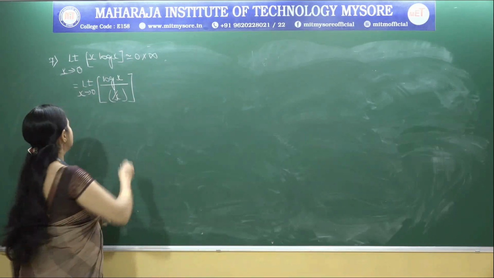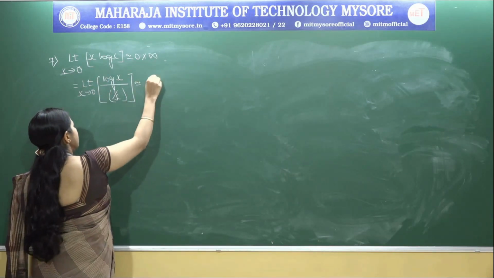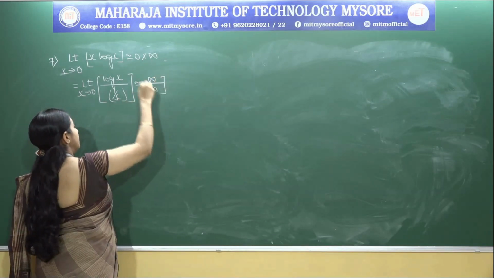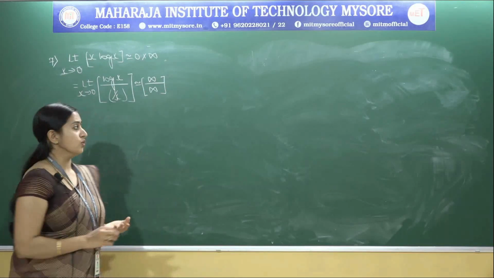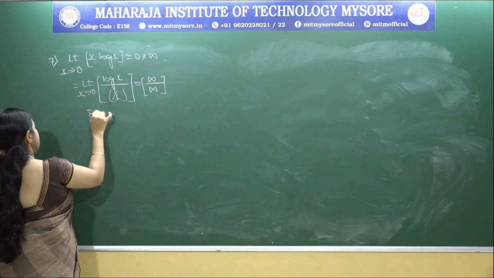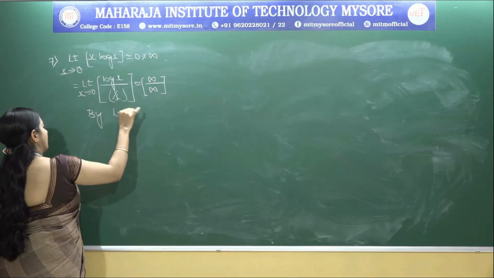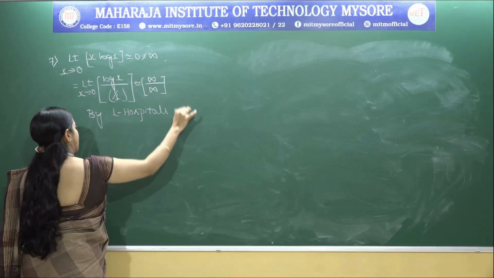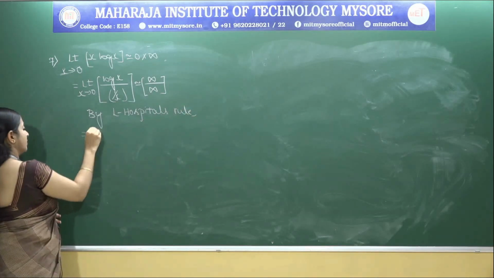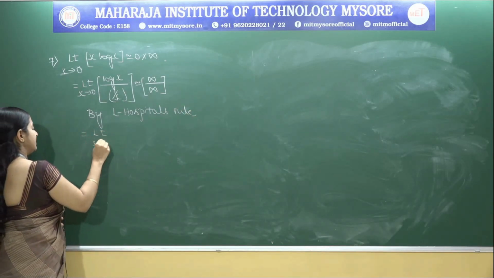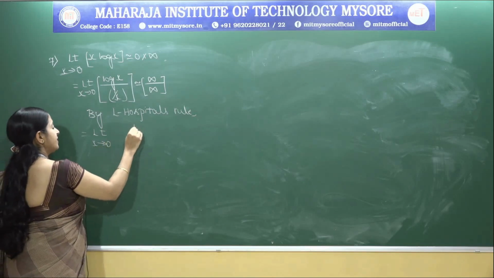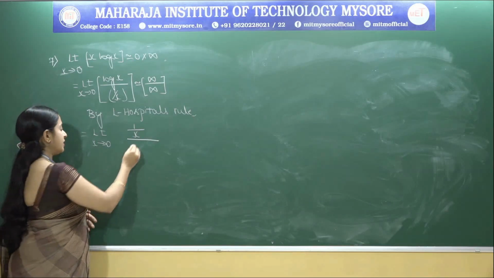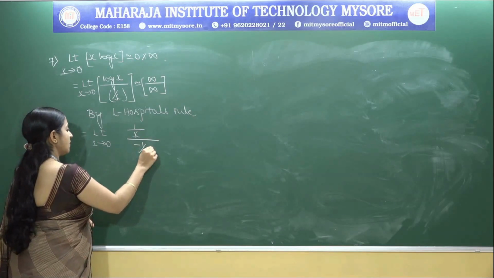Now we apply the limit: log 0 is infinity, and 1 by 0 is infinity. Now we can apply the L'Hospital rule. By L'Hospital rule, the limit as x tends to 0 of log x differentiates to 1 by x, and 1 by x differentiates to minus 1 by x square.